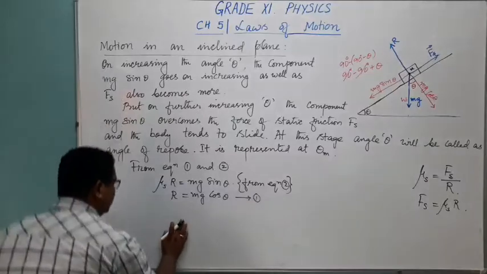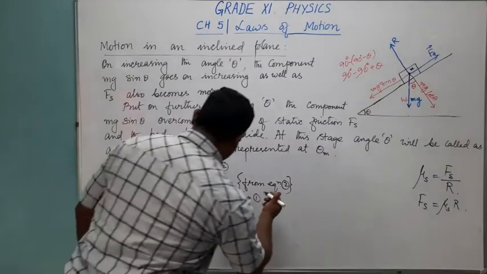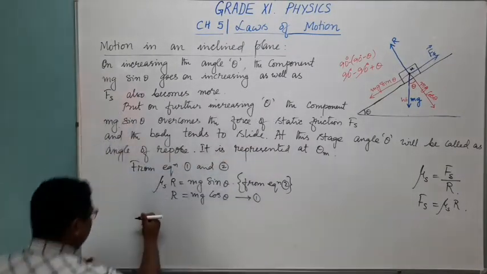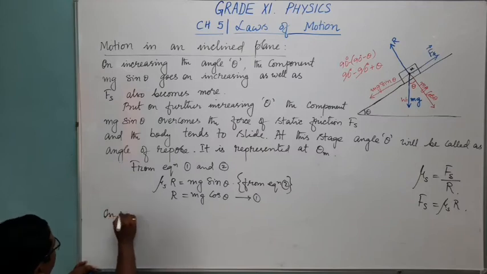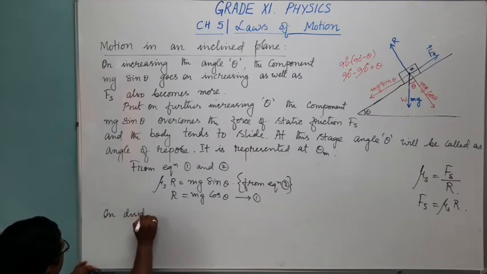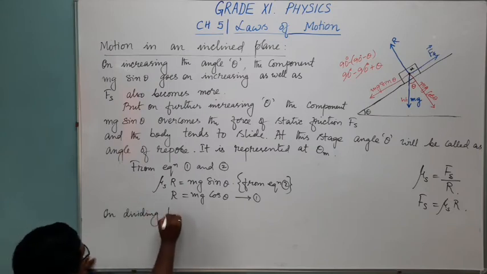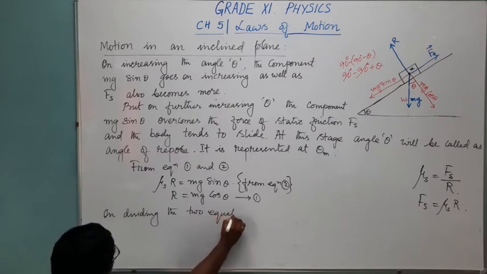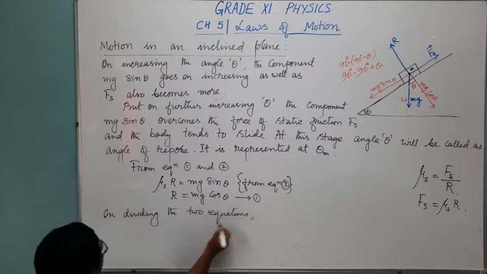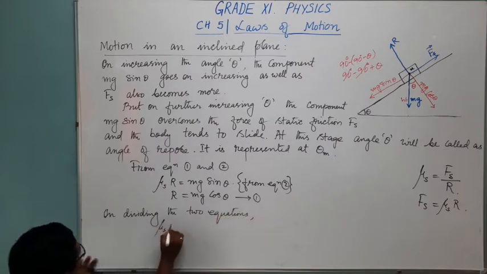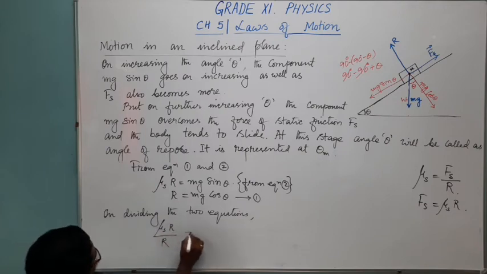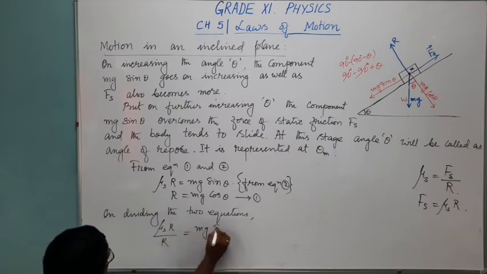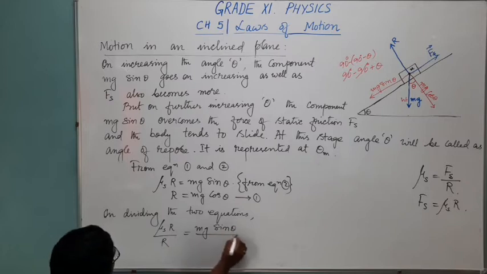Now, on dividing the two equations, you get mu s R divided by R is equal to mg sin theta divided by mg cos theta.